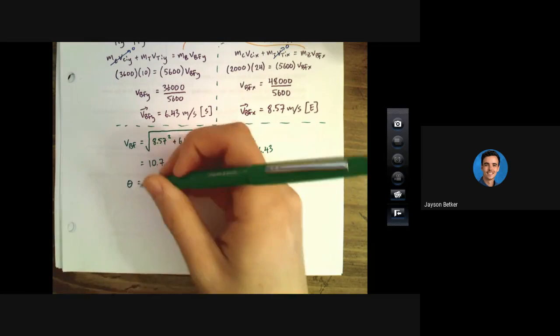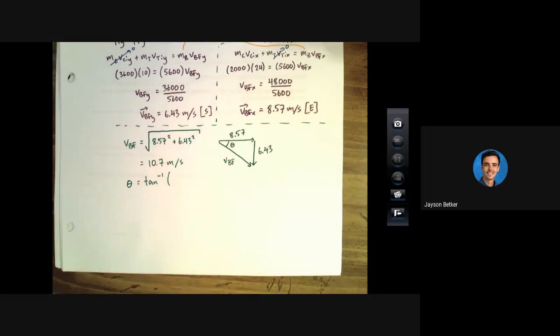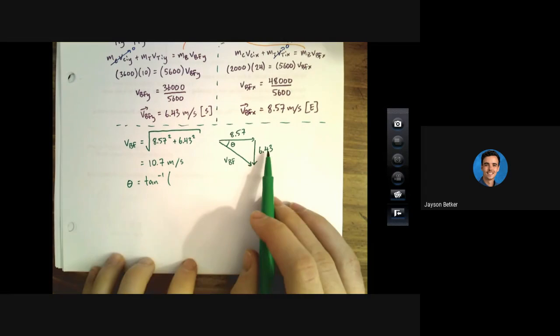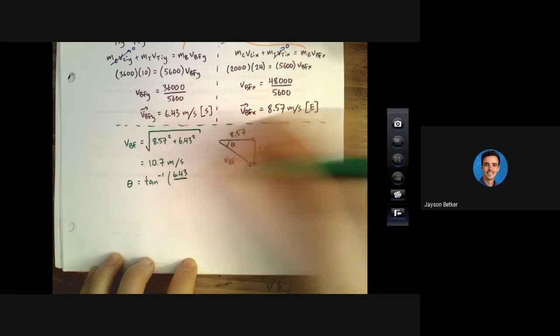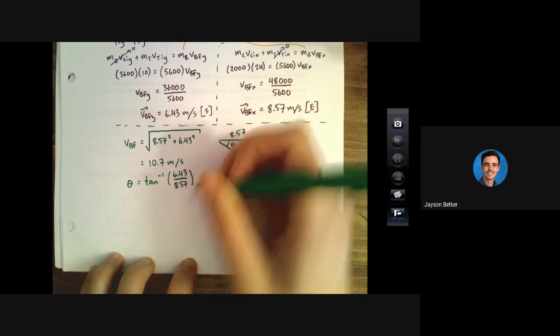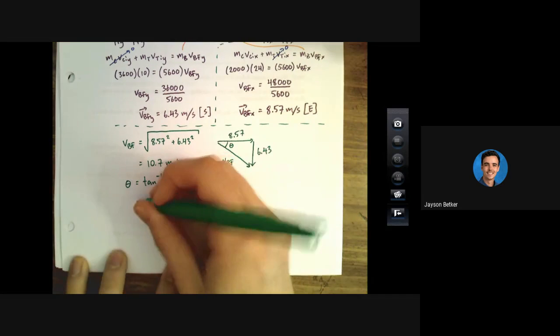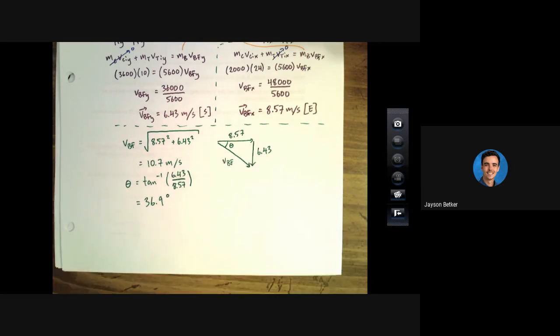And then let's find theta. For theta, we use the inverse tangent of the opposite over the adjacent. The opposite is 6.43, and the adjacent is 8.57. And if you do that, that should give you 36.9 degrees.